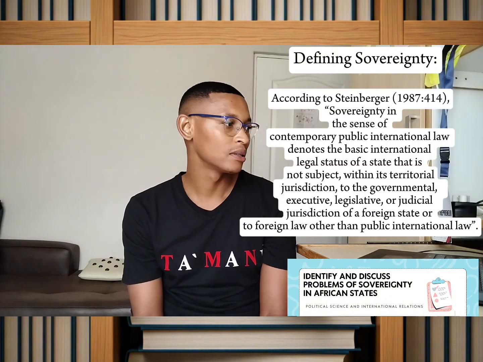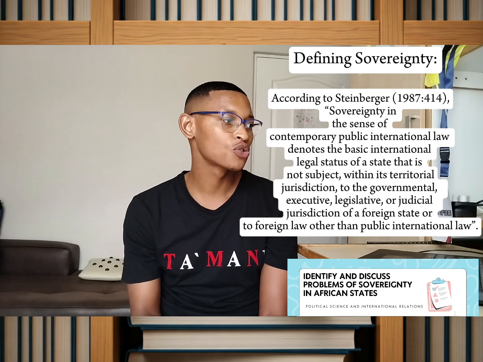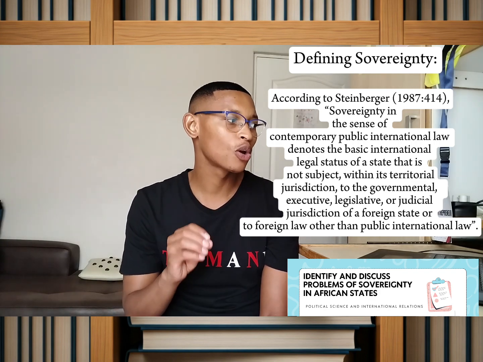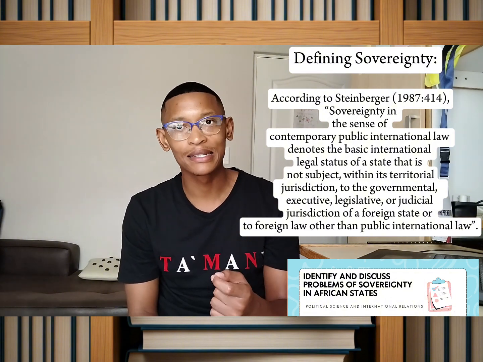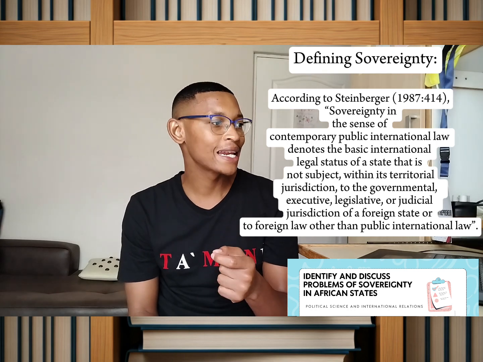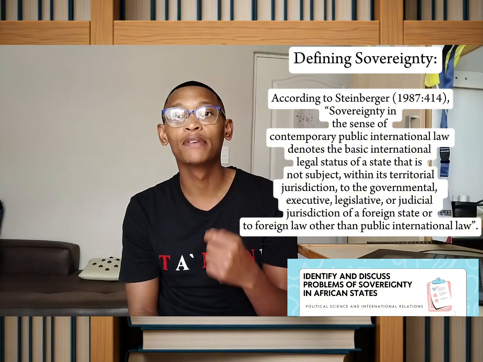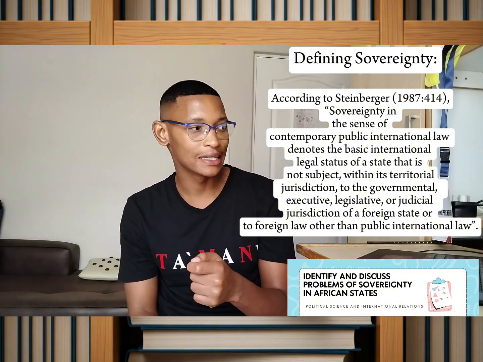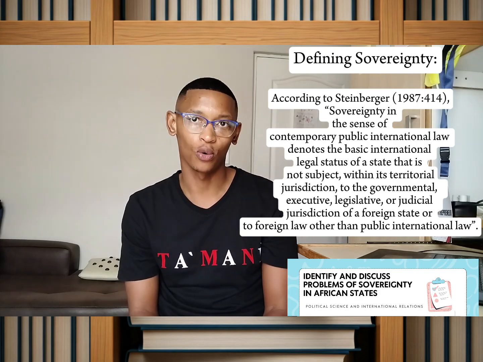According to Steinberger, 1987, page 414, sovereignty in the sense of contemporary public international law denotes the basic international legal status of a state that is not subject within its territorial jurisdiction to the governmental, executive, legislative, or judicial jurisdiction of a foreign state or to foreign law other than public international law.